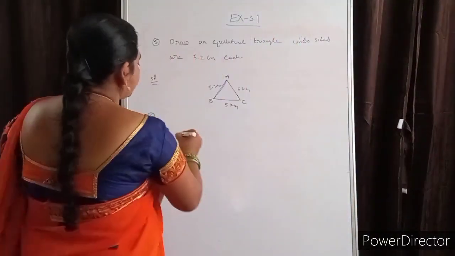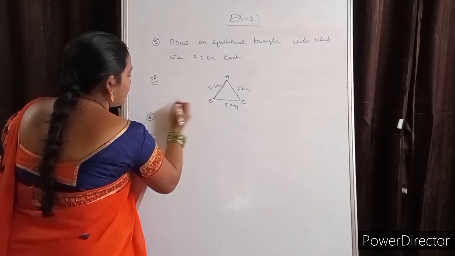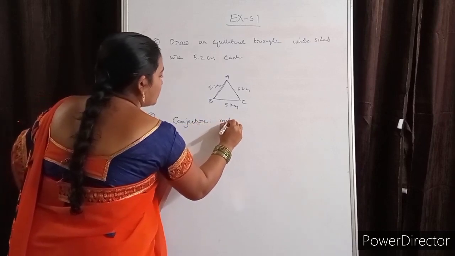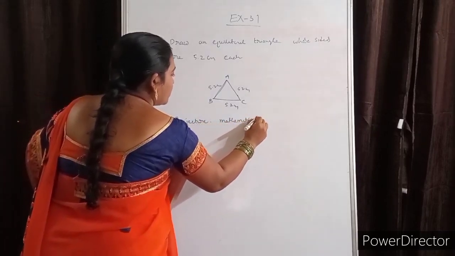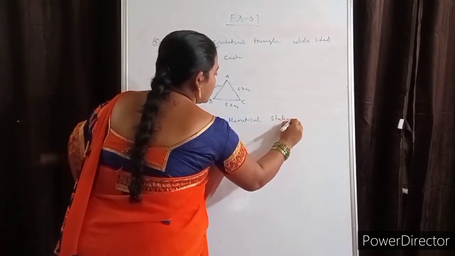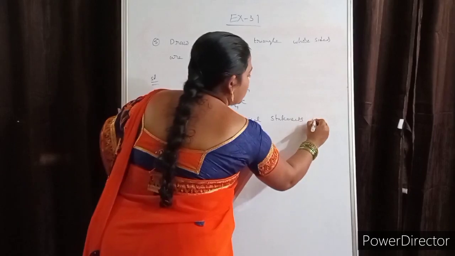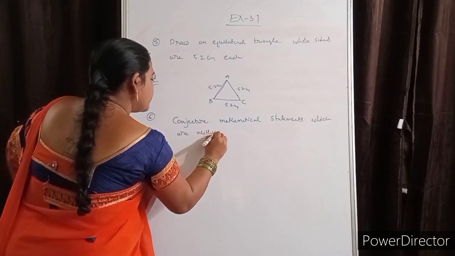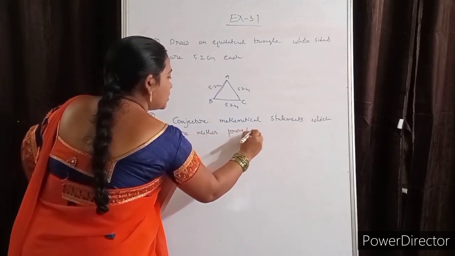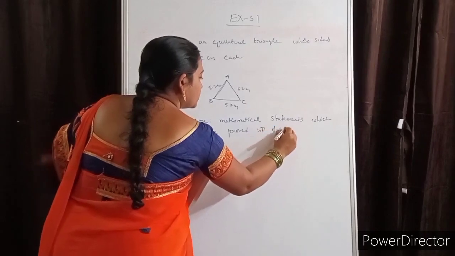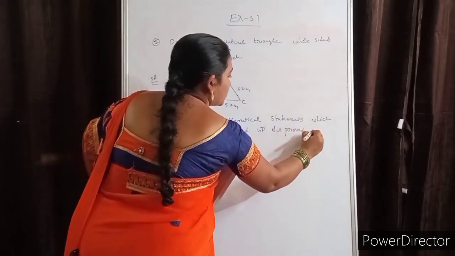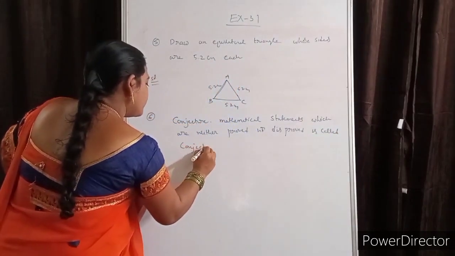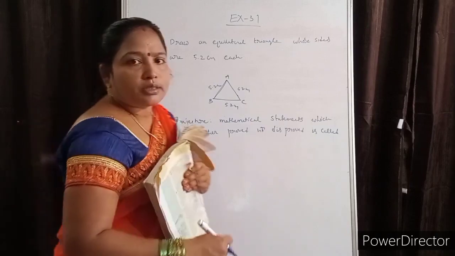Mathematical statements which are neither proved nor disproved are called conjectures. A conjecture is nothing but a hypothesis.